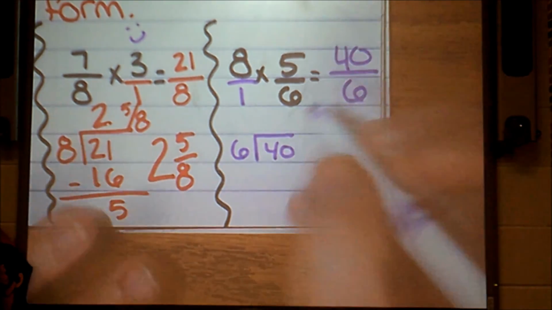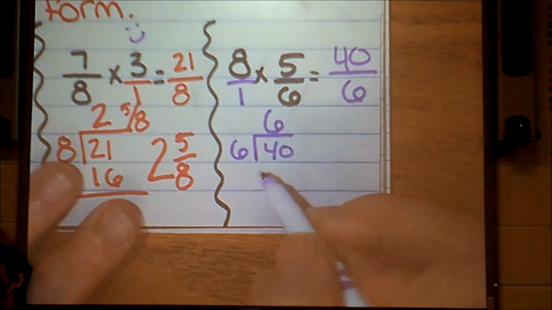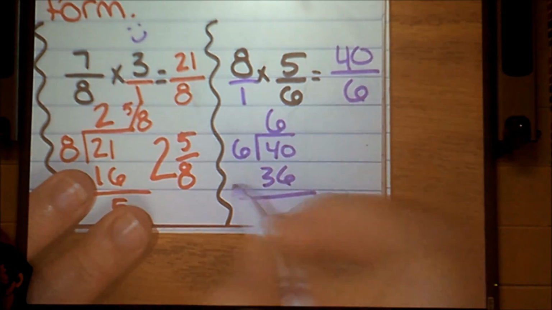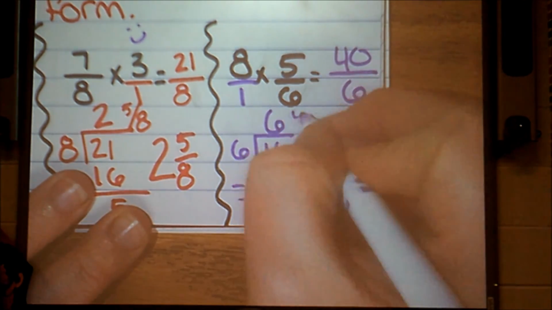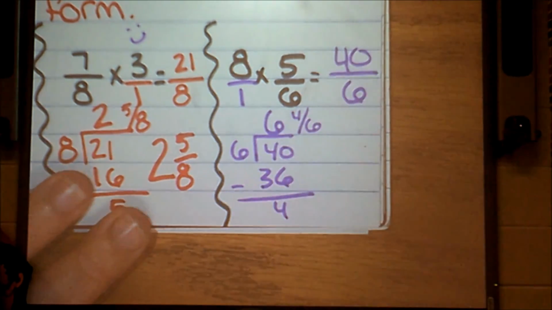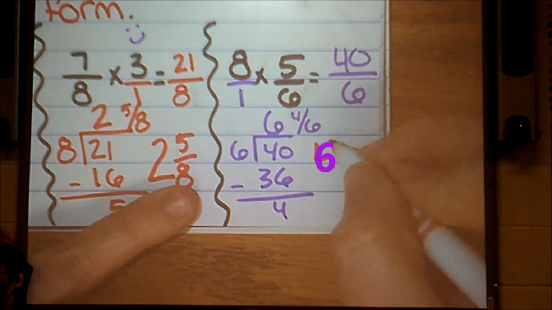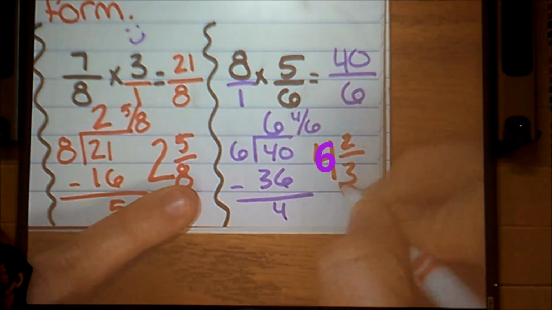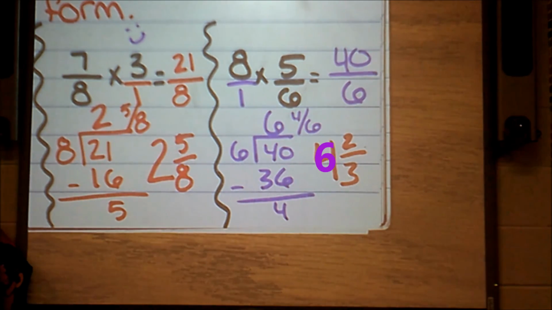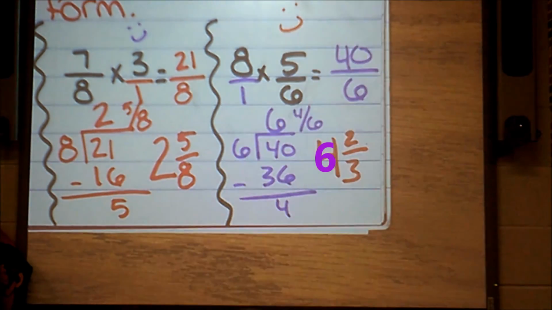Oh, so 6 times 6 is 36. 6 and 4/6. Now I know I can divide 4 and 6 by 2 and get 6 and 2/3 in simplest form. Smile if you got it right.